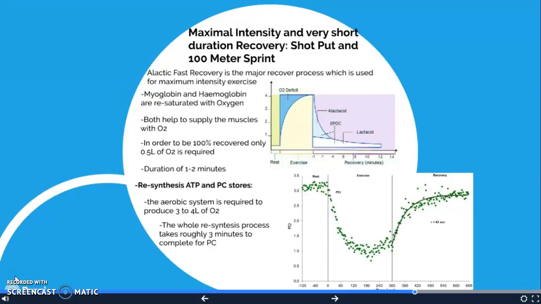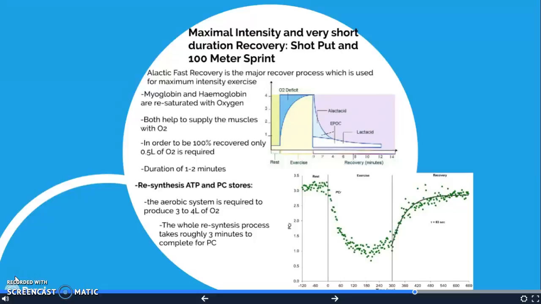As it says there, to be 100% recovered, it will only take 0.5 liters of oxygen, and it's short. It will only take 1 to 2 minutes. The next important aspect of maximal intensity is ensuring that they can reproduce that burst of maximal intensity performance, and in order to do that, the ATP and PC stores need to be resynthesized, another important aspect of the alactic fast recovery.